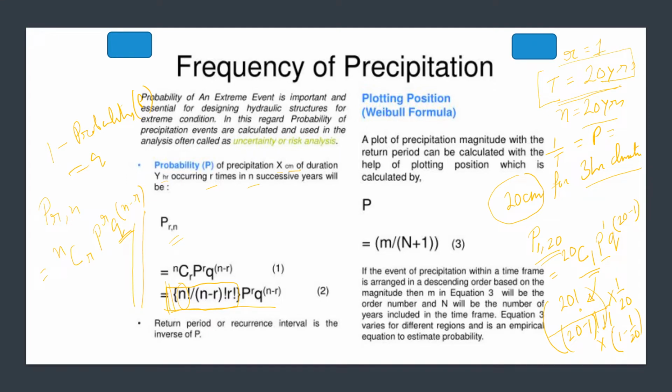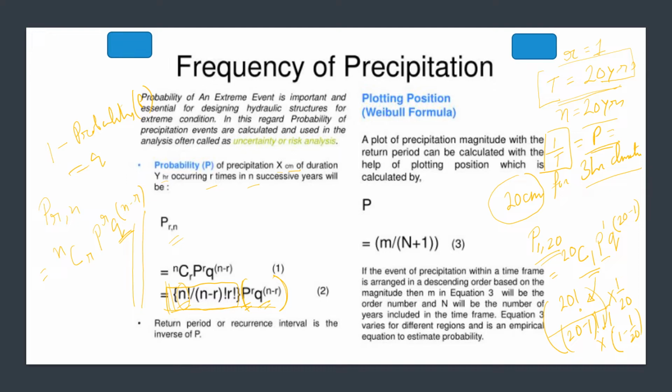So what you will do, your first step will be to find the inverse of the return period, that is P, the probability, that means this term, and 1 minus 1 by T, or 1 minus P, is actually this term Q. After you have found this part of the formula, you find these factorials. n factorial, this n will be the next successive years. In this case it is 20 years.